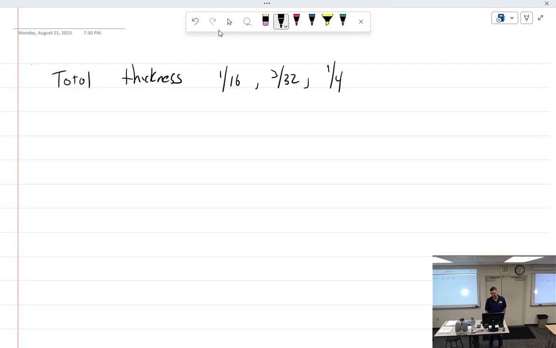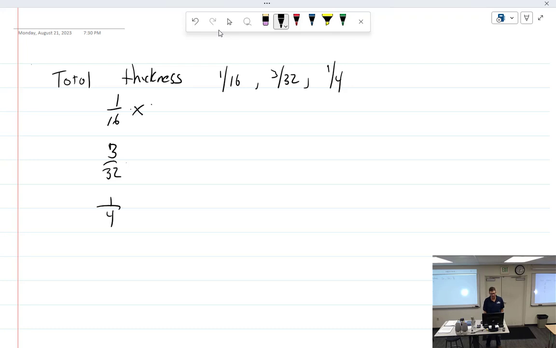So we have to add these things up, and we could do it the long version where we'd have to convert everything to 32nds. Everything would have to match, right? So we would have 1/16, 3/32, and 1/4, and we have to find the common denominator. Which one's the denominator, upstairs or downstairs? That's the bottom. The common denominator here is 32. So you'd multiply each one by whatever it takes to get 32.